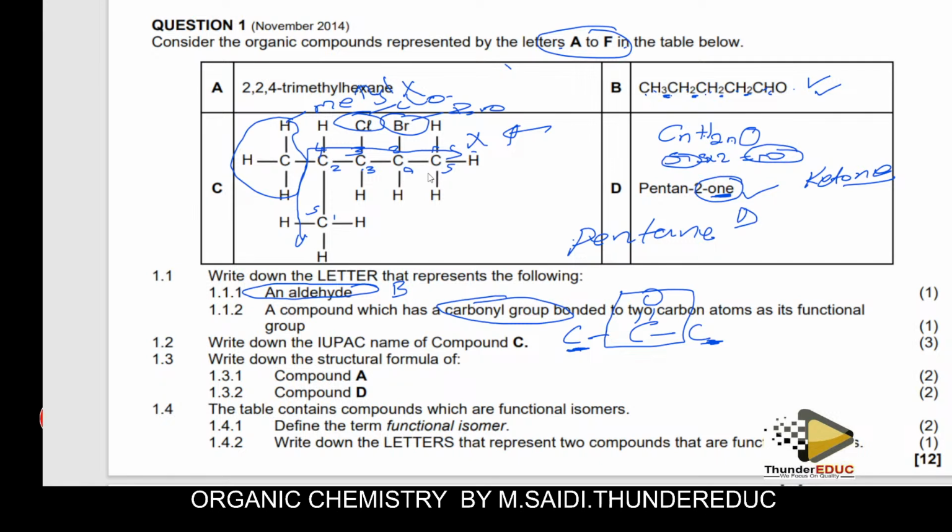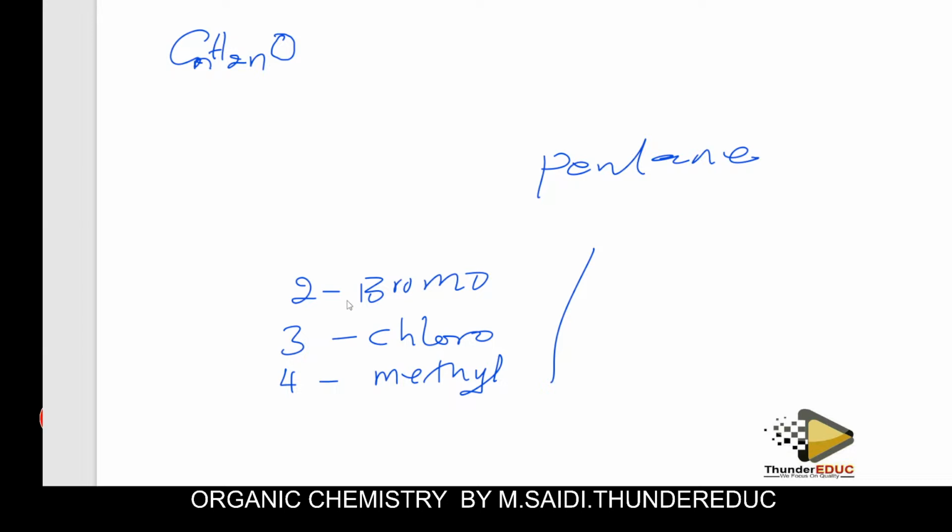Therefore, we start numbering from the side which has the functional group. Now that I have identified the positions, I need to use alphabetical order to arrange them.